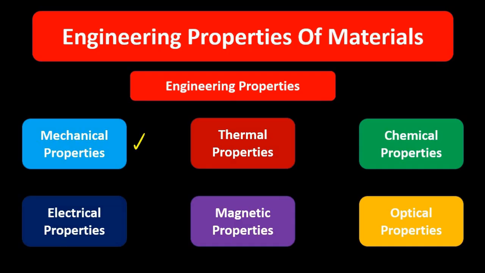There are a lot of other properties as well, but I thought, why stick with just one aspect? We will include all of them and discuss them bit by bit. In the next series of videos we'll be covering some of the thermal properties, the thermodynamic aspect. We'll also discuss chemical, electrical, magnetic and optical properties in future videos.